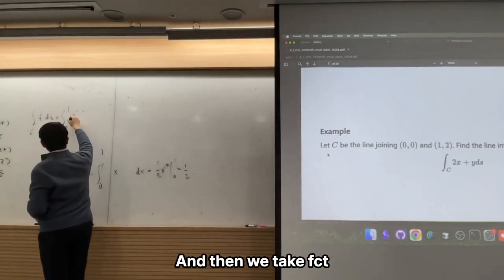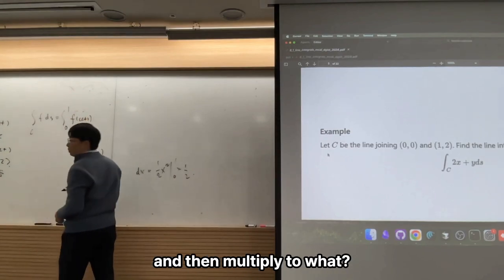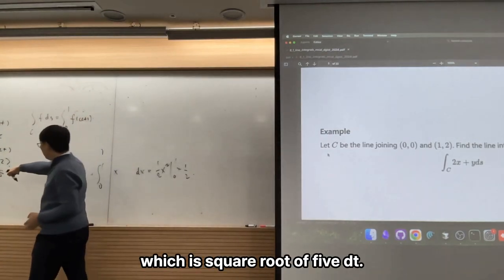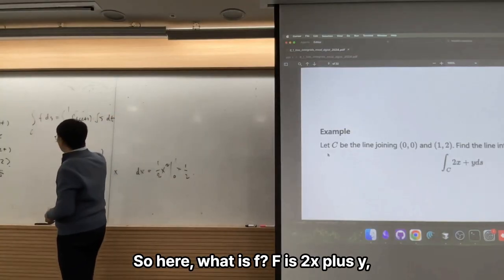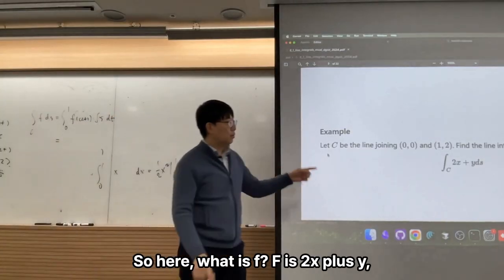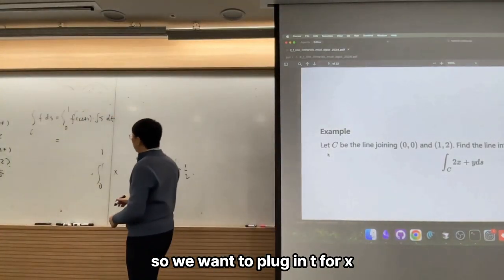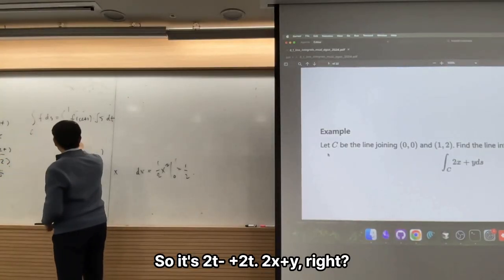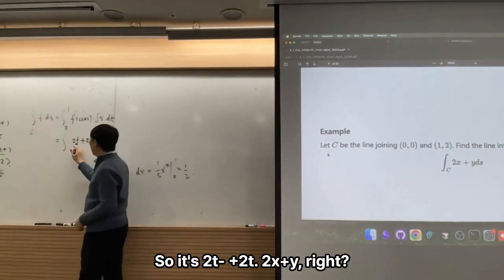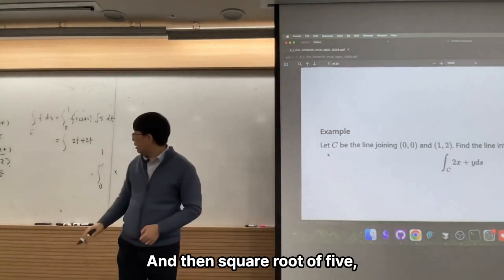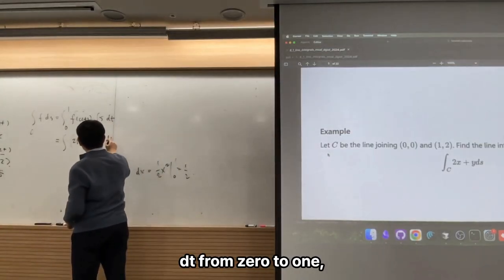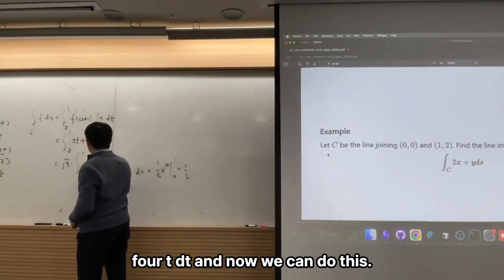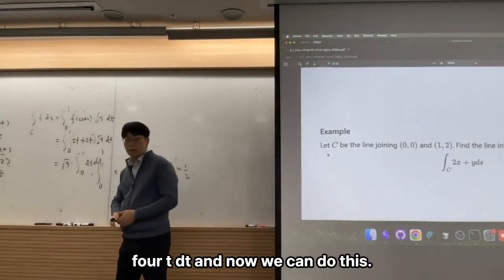Then we take f of c of t and multiply by the length of the tangent vector, which is square root of 5 dt. Here f is 2x plus y, so we plug in t for x and 2t for y. It's 2t plus 2t, and then square root of 5 dt from 0 to 1, because basically you have the integration from 0 to 1 of 4t dt. And now you can do this.